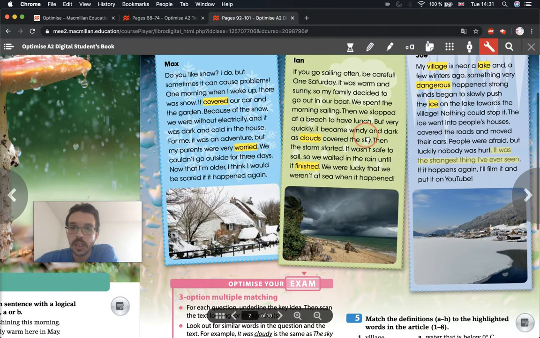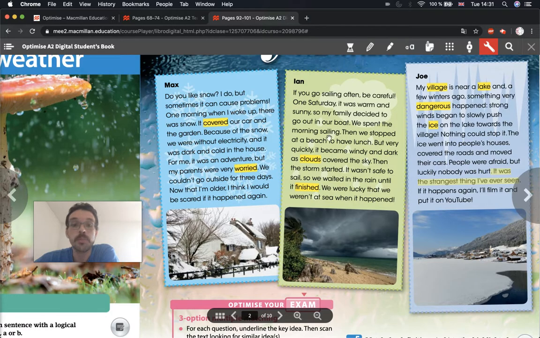Well, there's one text about a storm in particular, which is Ian. If we have a look here, it says the storm started, right? So we're talking about a storm.